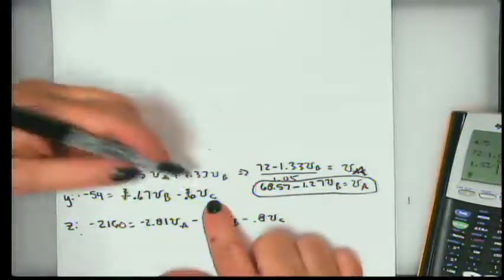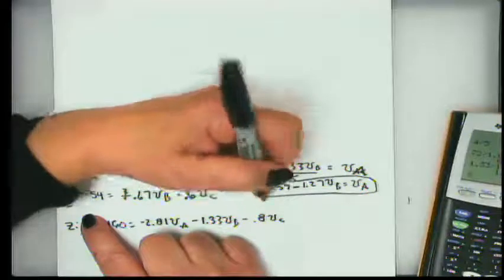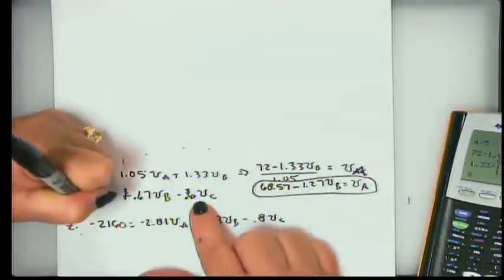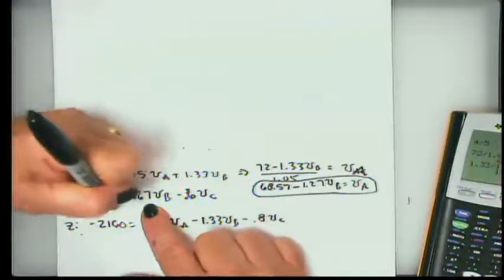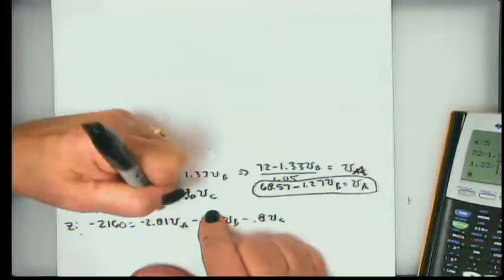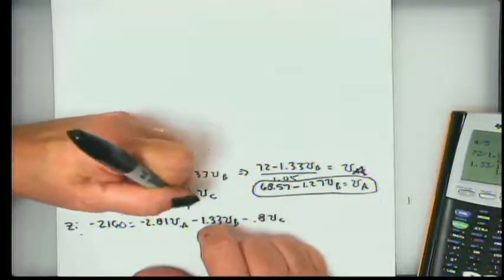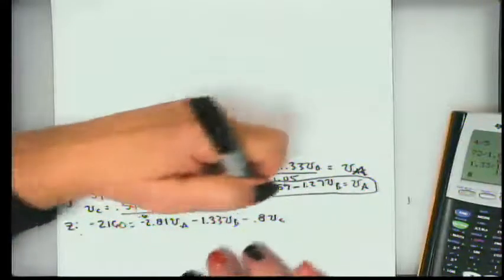So same thing here. Now this is a negative, so I'm going to bring v sub c over to the other side of the equation. And so I'm going to have a positive v sub c equals positive, when it comes over, 54 plus 1.67 v sub b all over the coefficient of v sub c, which is 0.6.